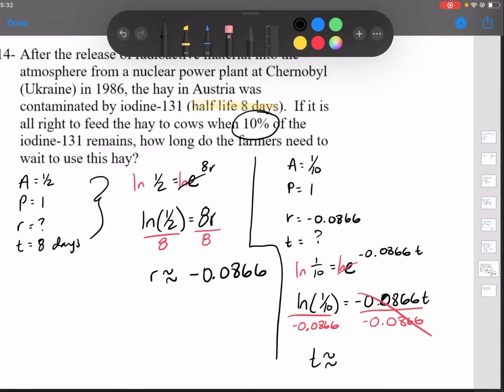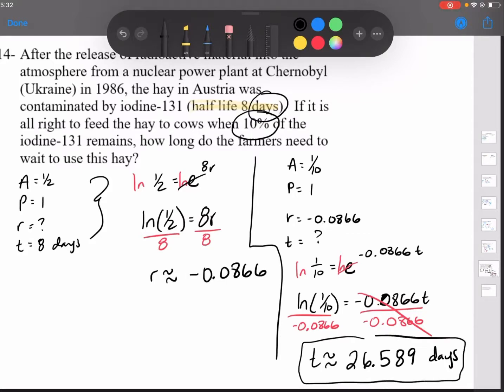So negative 0.0866, I get approximately 26.589 days. And let me just double check, yes, because we were doing days. You always want to make sure you're using the right units. And that would be our answer.